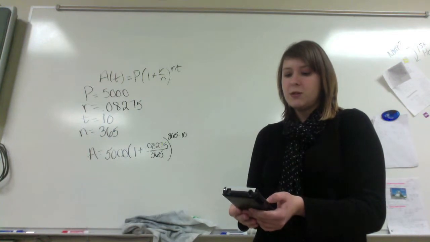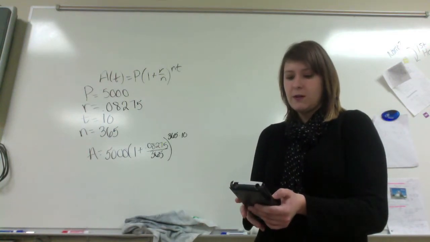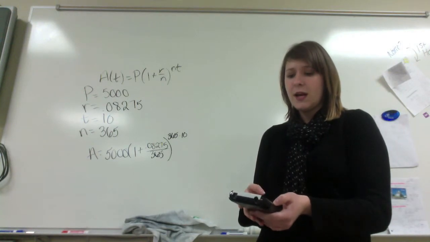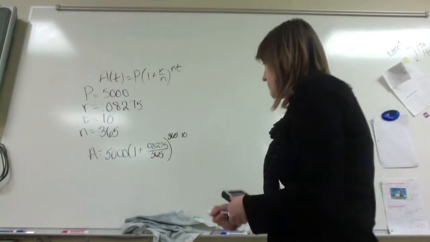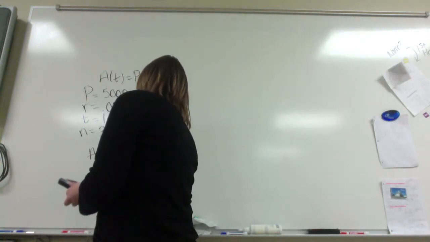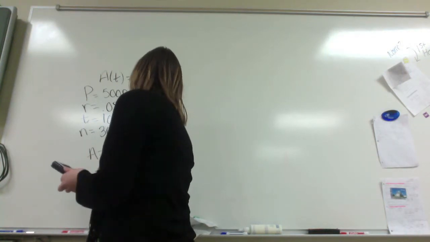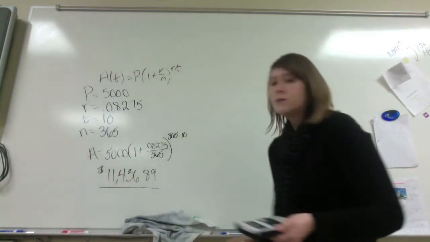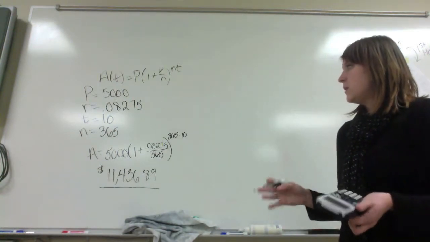That gives me 2.287, etc., etc. I'm going to take that answer times 5,000, and I get $11,436.89. Okay, so that's how much my daily interest compounded formula gives me.